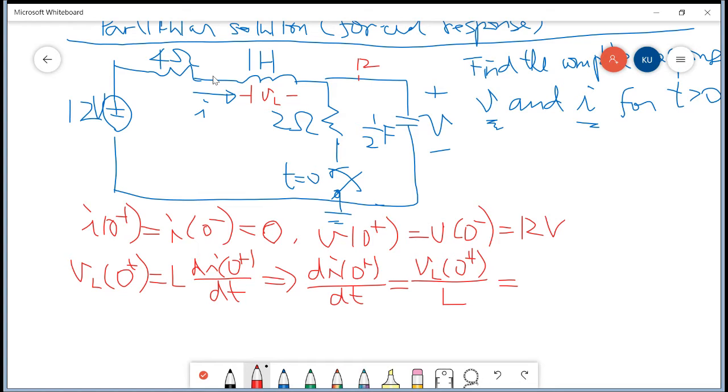Let me see. Yeah, dI(0+)/dt is actually 0.